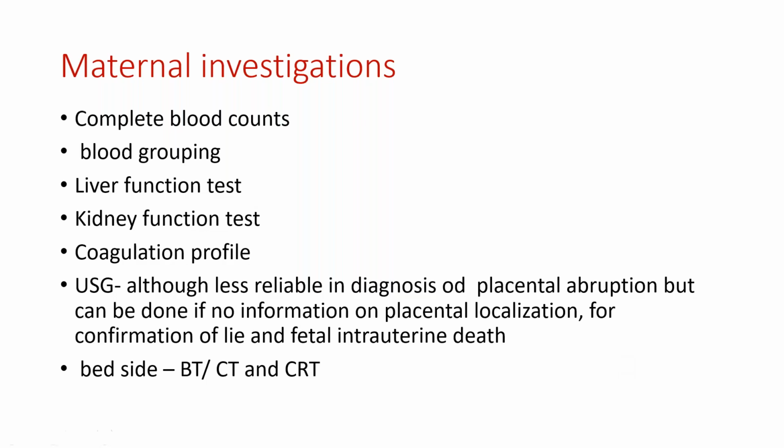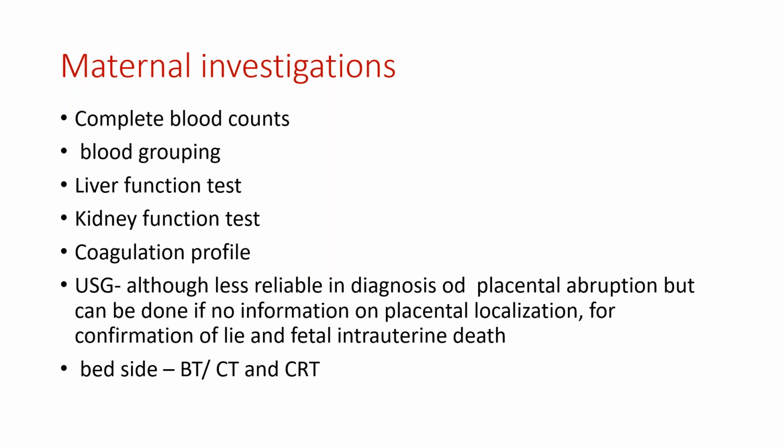So what investigations will you advise? Complete blood count, and blood grouping, which is very important because she may need blood transfusion. In any case, blood grouping is very important in pregnancy and has to be done. Liver function test, kidney function test, coagulation profile.